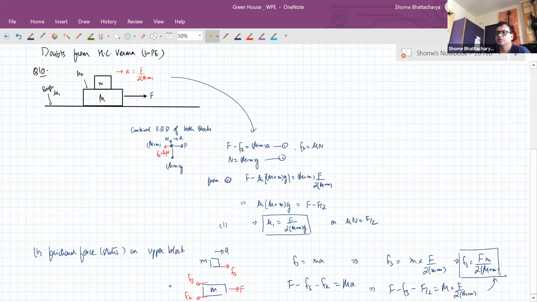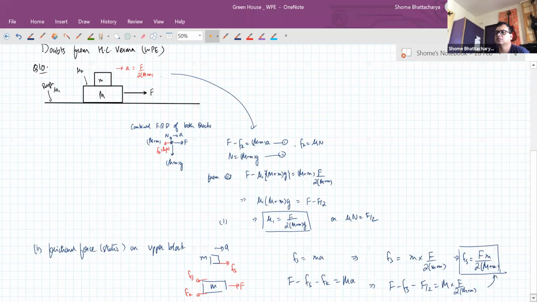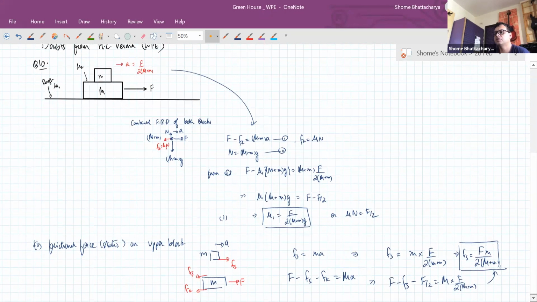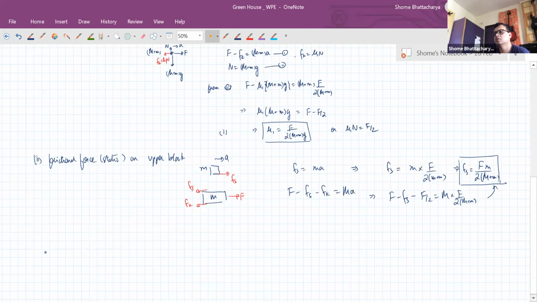So this is the magnitude of static friction that is acting on the smaller block. And for the last part, we have to just find the work done by friction on the smaller block for a displacement of d.